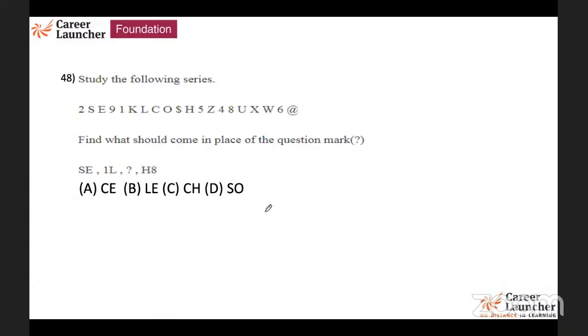This is easy actually. I'll try to do it a little faster. Some of these questions I might skip to make it relevant for you guys. This one we will solve. The answer has to be CH. Yes, absolutely correct.